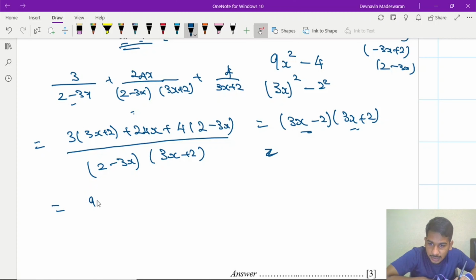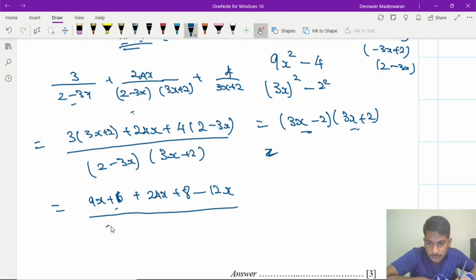It would be 9x plus 6, not 16, 6, and then 24x plus 8 minus 12x over 2 minus 3x. 24 minus 12 is 12, 12 plus 9 is 21x.